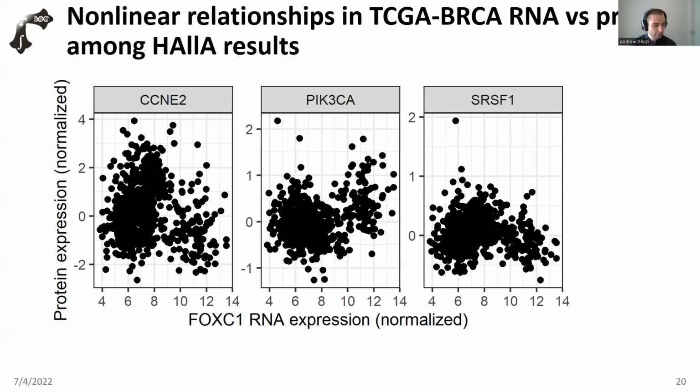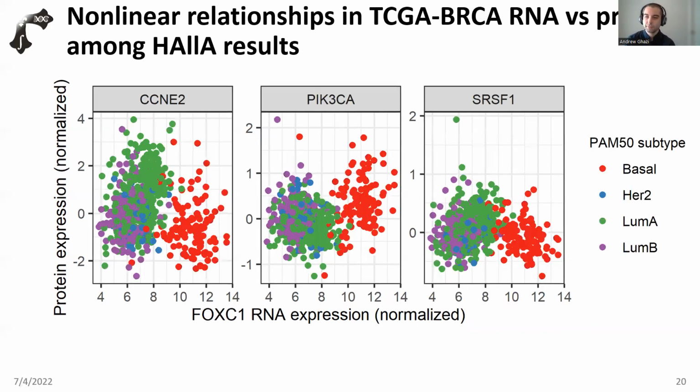And we found these three genes whose protein levels had this nice, seemingly parabolic relationship with the RNA expression of FOXC1. And so this was a bit puzzling at first because it's a weird association structure to see that you might not expect at first.